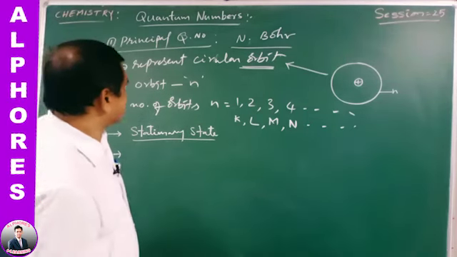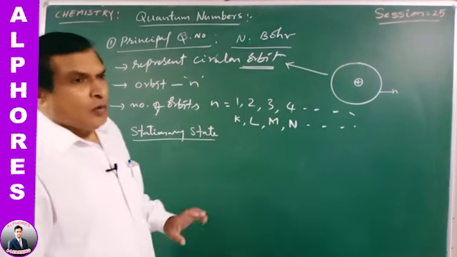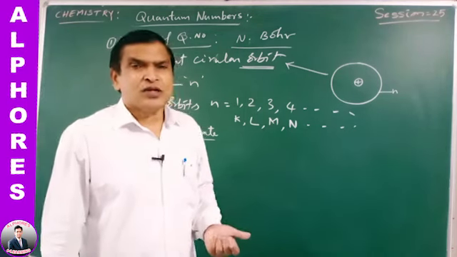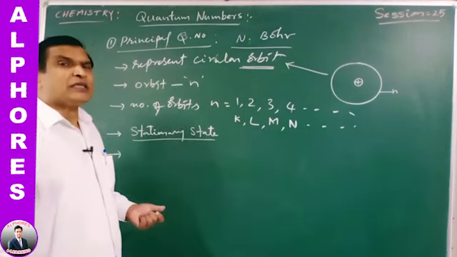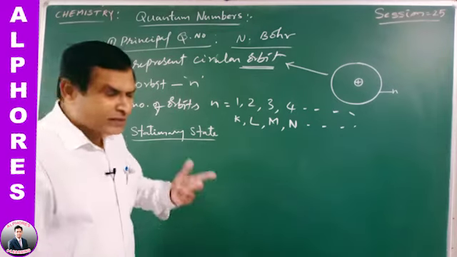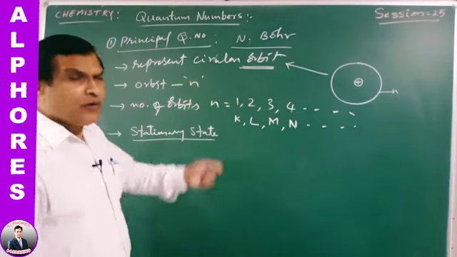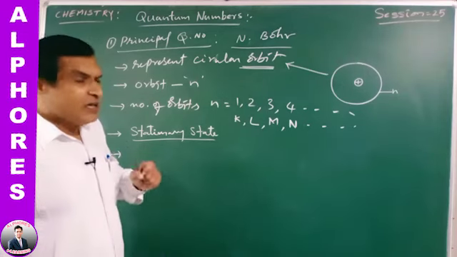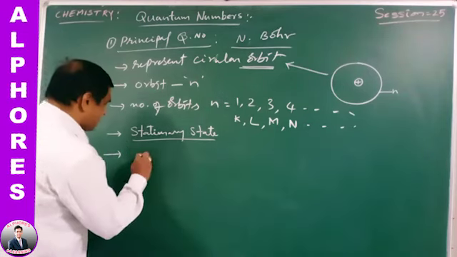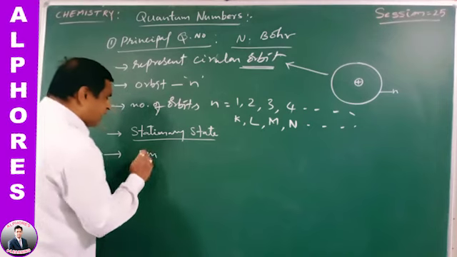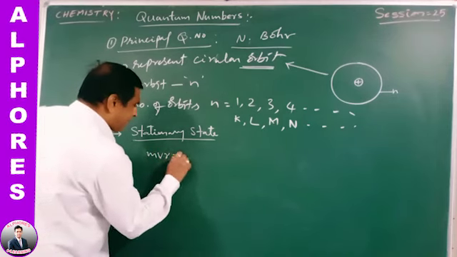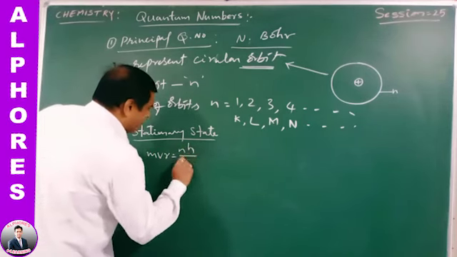Next, when the electron is revolving in the circular orbit, the angular momentum of the electron in the orbit is quantized. That is, mvr is equal to nh by 2 pi.